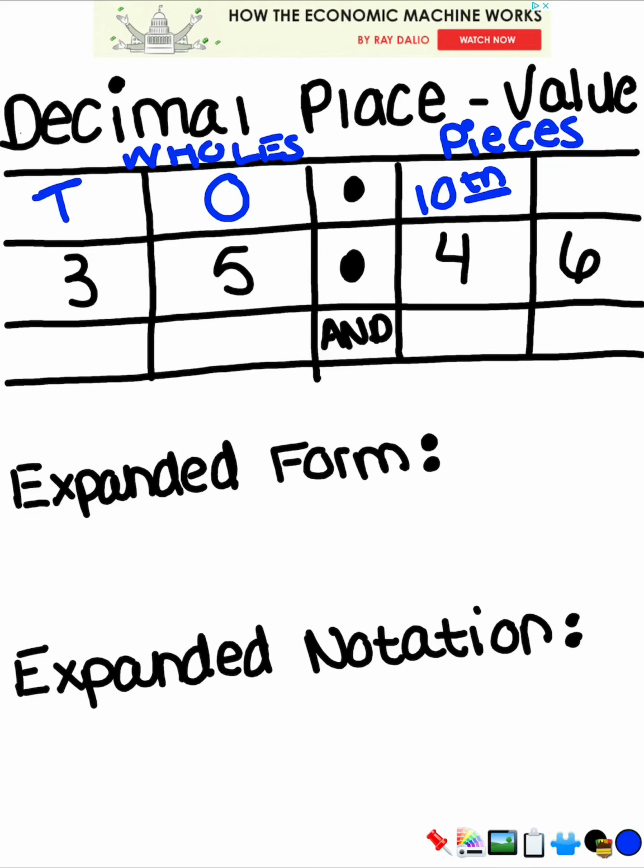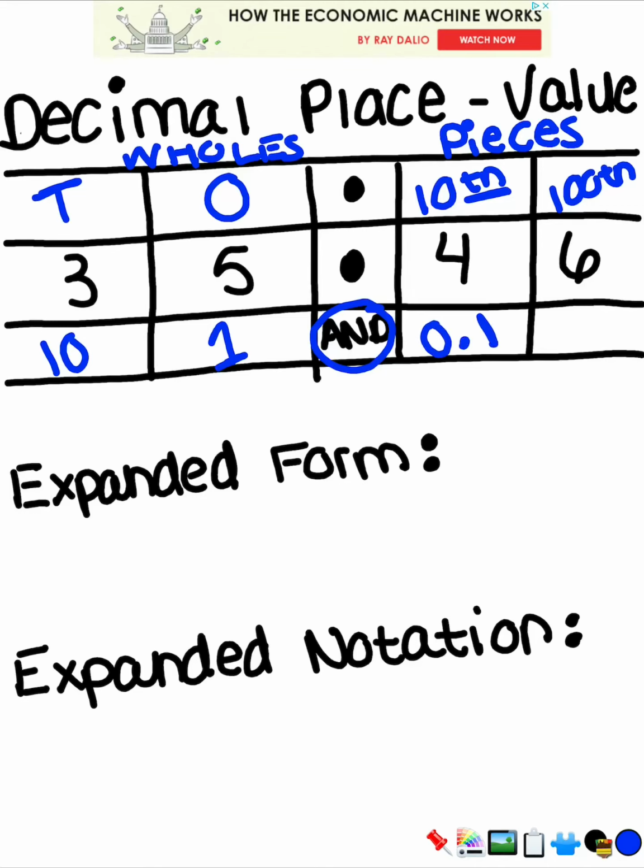When we're saying the decimal in word form, we always say "and" for that decimal spot. How would we represent the tenths? 0.1. And how would we represent the hundredths? 0.01.